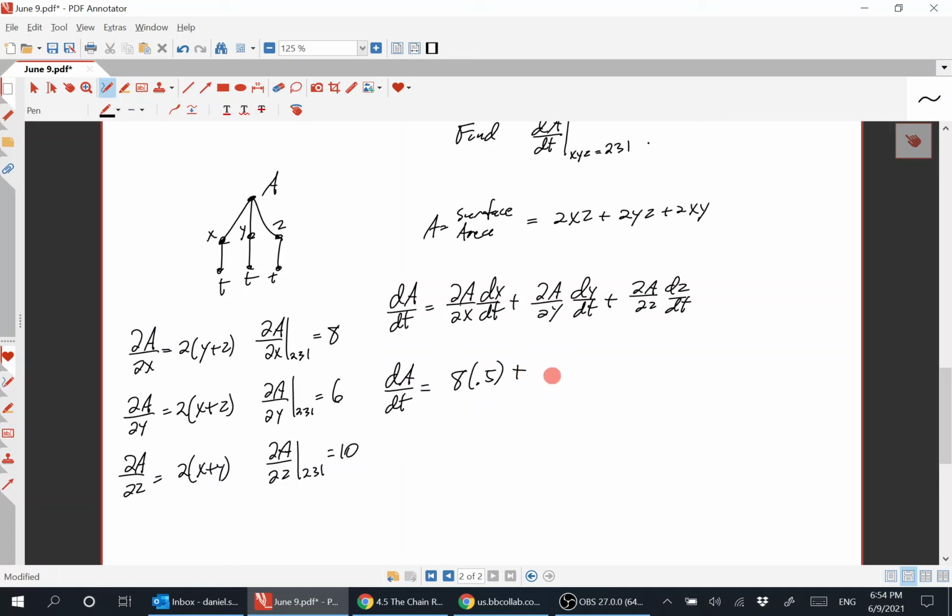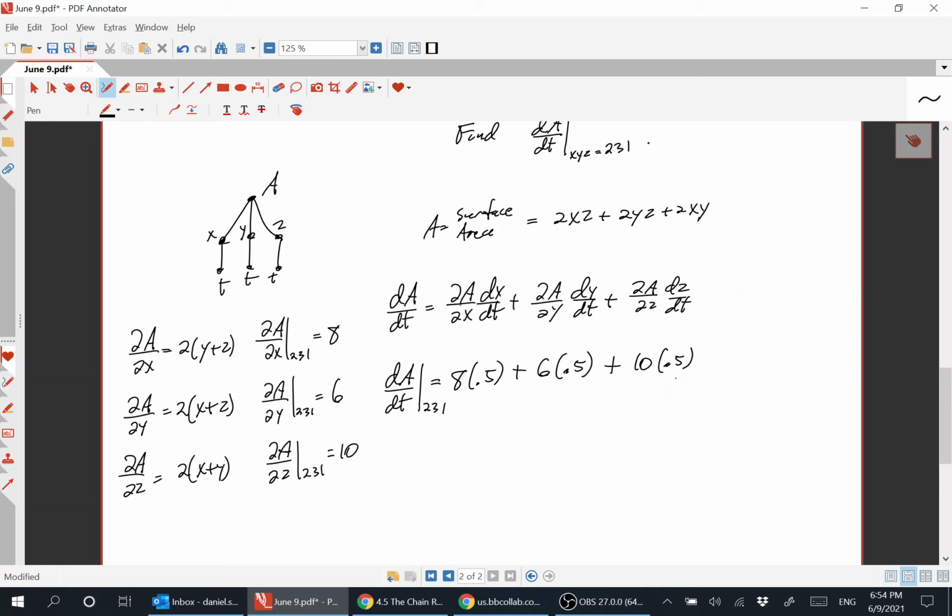dA/dt is, I guess I should put (2, 3, 1). Partial A with respect to y is 6 times dy/dt, which is 0.5. And partial A partial z is 2 times x plus y, which is 10, times dz/dt, which is 0.5.